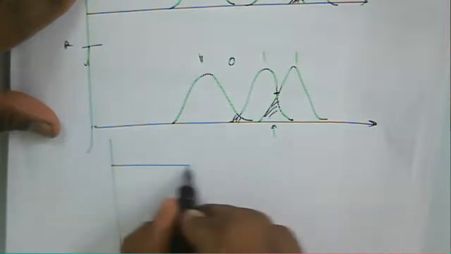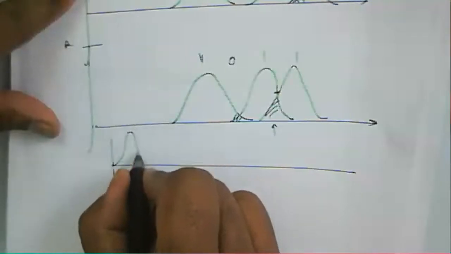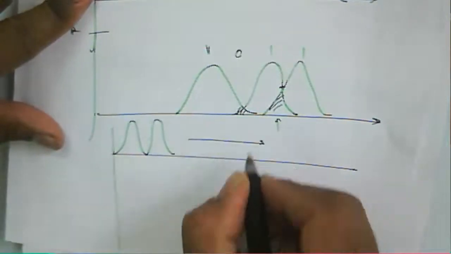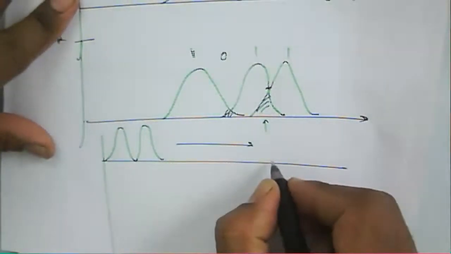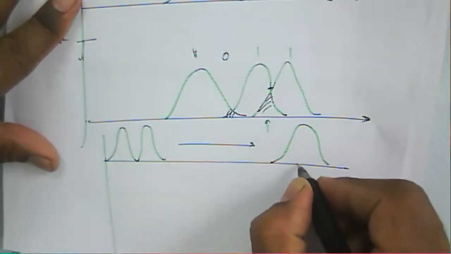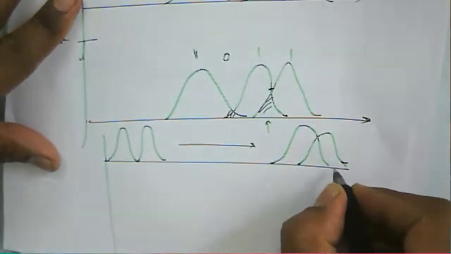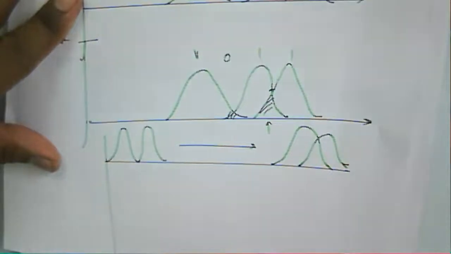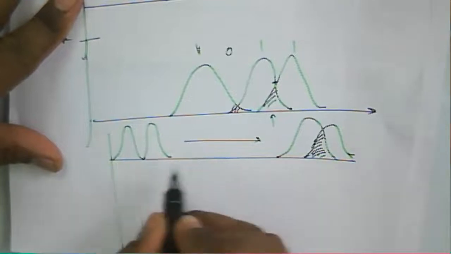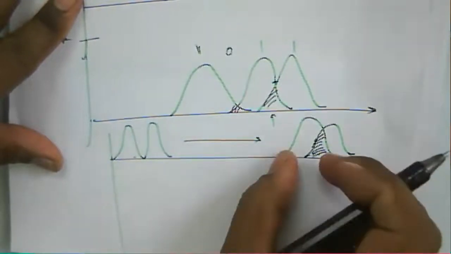Or in another way, say these are the two current pulses being transmitted, and at a particular length of the fiber this broadening takes place, and then these pulses are received likewise. We can say that this pulse is 1, but it gets broadened.